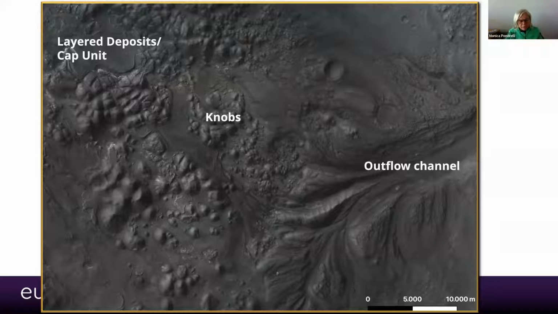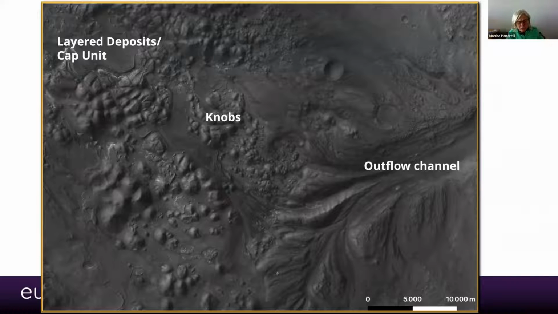But I can add something from this image because this image is very cute. Here we have knobs, and here some knobs which look like just formed from a mesa. It's like a sort of transition, like here. What I am trying to say is that knobs originate from further erosion and fragmentation of the mesa.